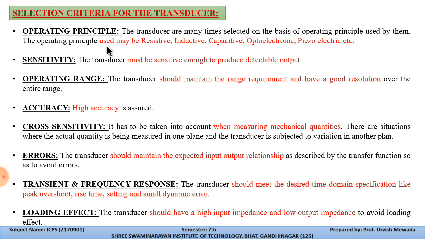The first criterion is the operating principle. As I explained, we should know the input and output relationship and the nature of the output. As per our requirement, we select the transducer, meaning the output of the transducer must be electrical in nature.